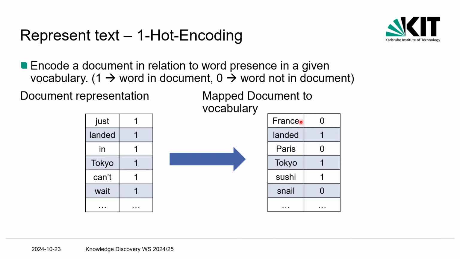France didn't appear in our document, but landed, Tokyo, and sushi did appear, so there we have a 1. And this is what's called a one-hot encoding. Namely, we want to encode a document in relation to whether a word is present in a given vocabulary.